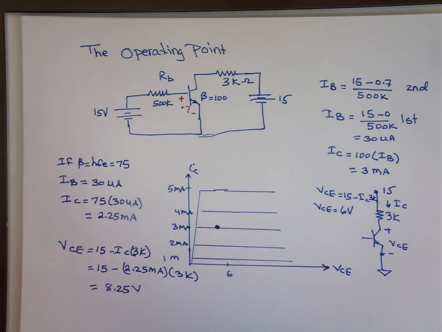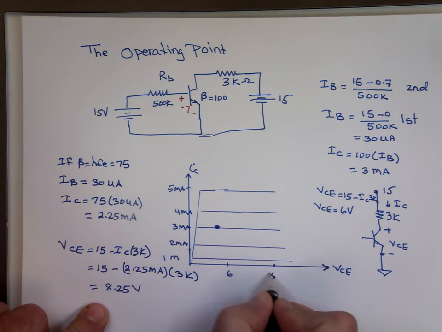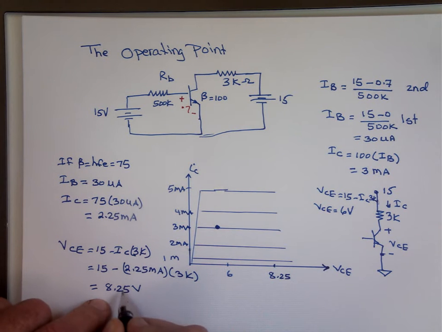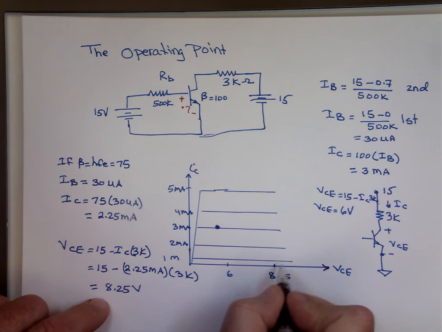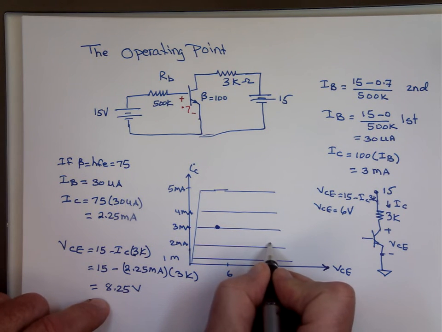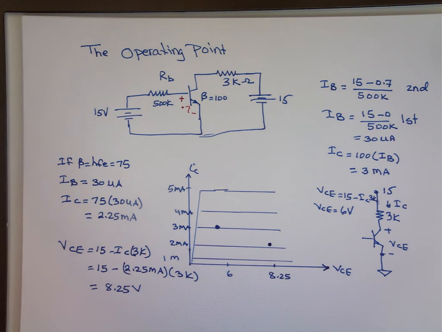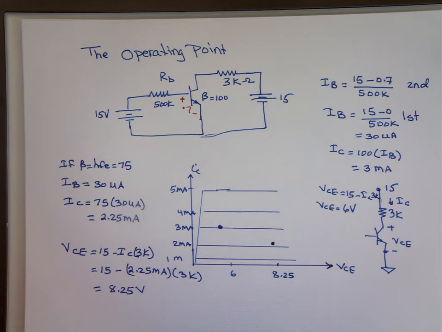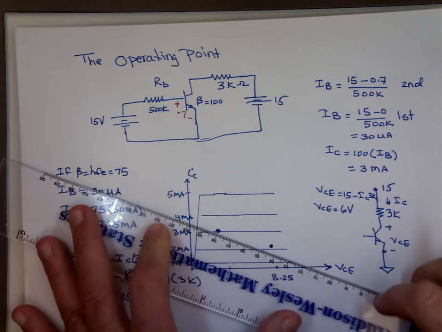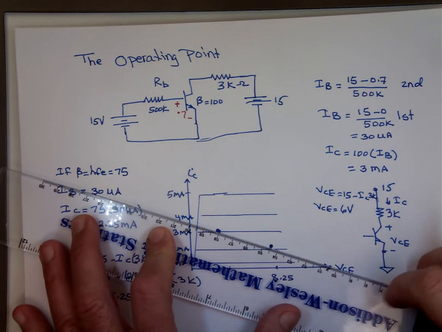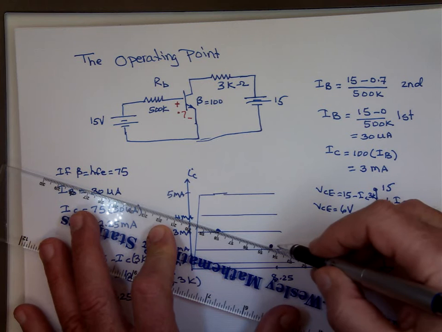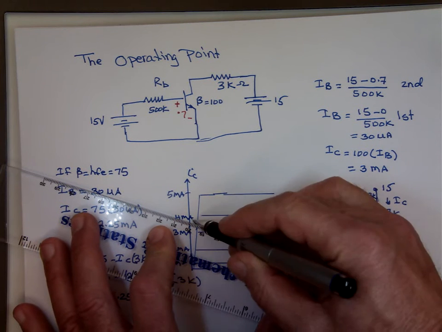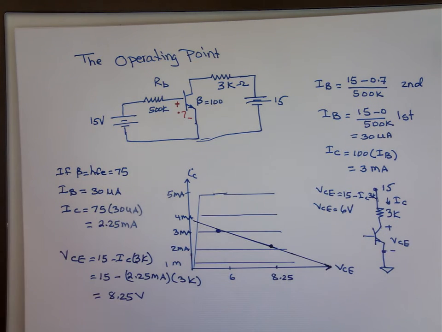So if I was to put another point on my graph now, that would be the 8.25 somewhere here, and the current is going to be 2.25. That's going to be somewhere right there. And if you connect these points together with a ruler, that will be the line you want to operate on.